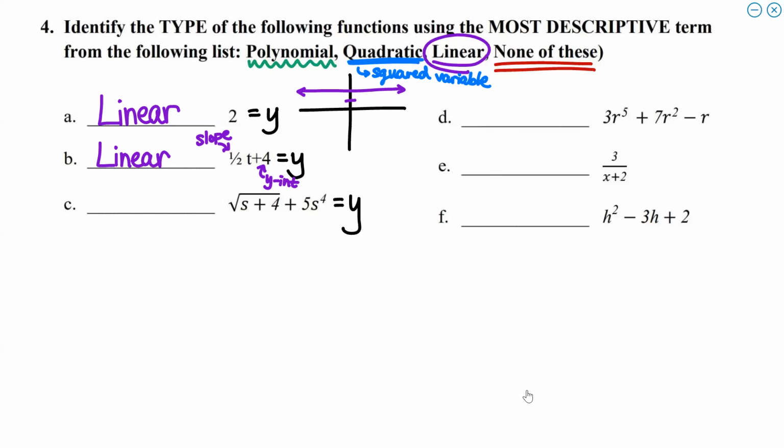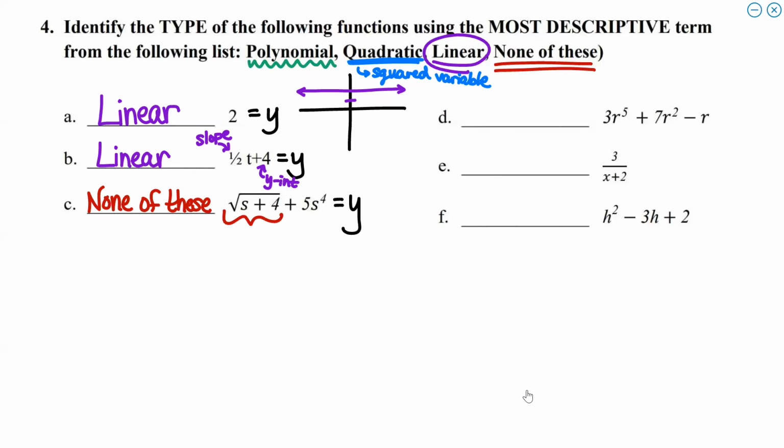It is none of these. So what is quadratic? Quadratic, you have to have a squared variable, not a square root, but a squared. So you need to see a 2 as your exponent. That will be the biggest exponent of all of them.